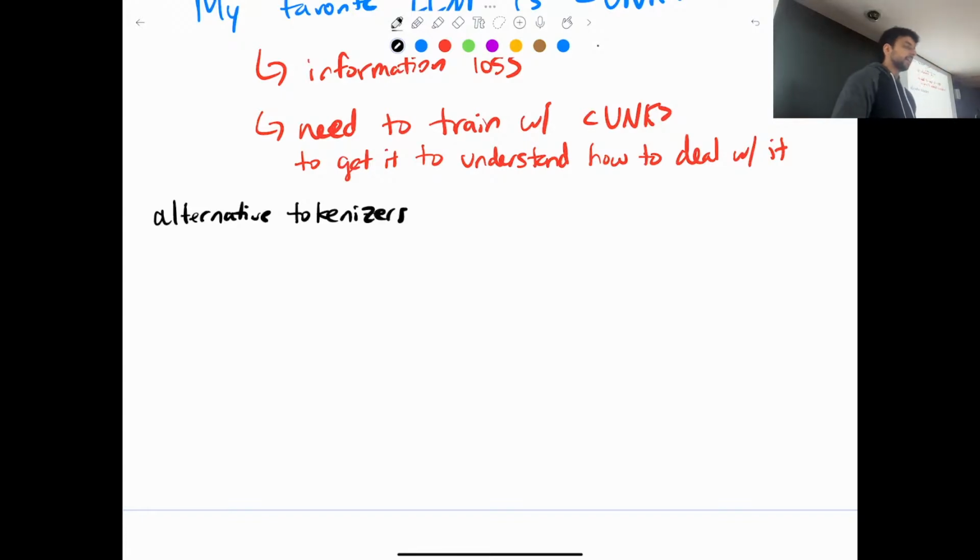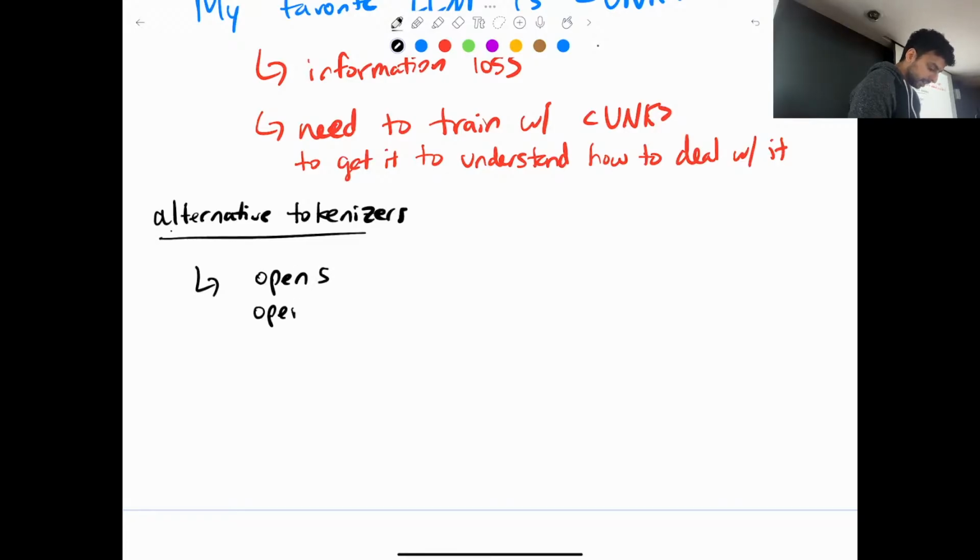We can motivate it with this GPT-6 example, but we can generalize this to arbitrary cases. So for example, let's take different forms of the same word.